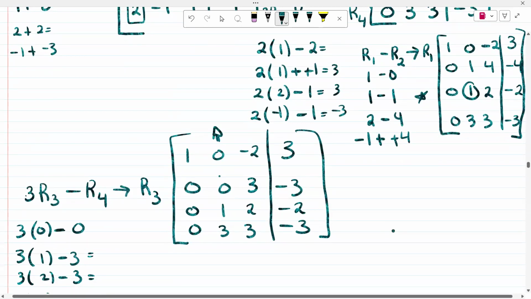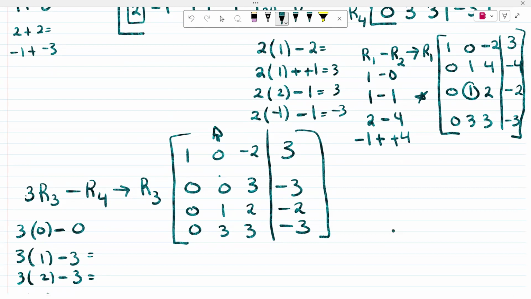I have this 0. Wait, did I make a mistake?